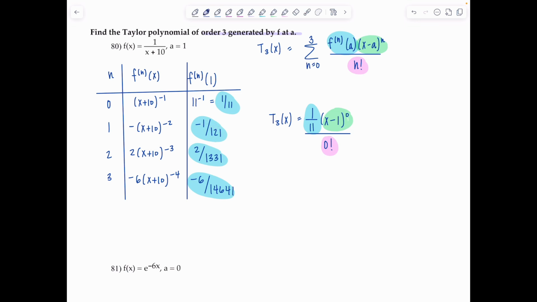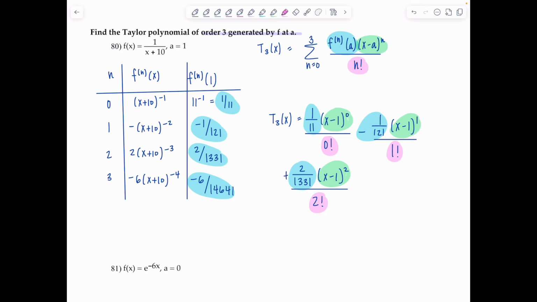So I have minus 1 over 121, x minus a, which is 1 to the first over 1 factorial. So here, here, here. Good? Next term, plus 2 over 1331, x minus a squared over 2 factorial, 1, 2, 3.